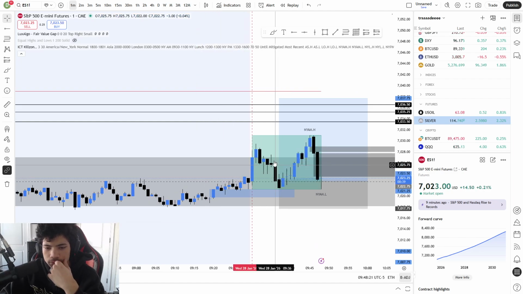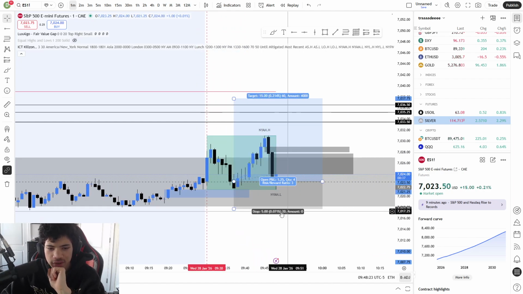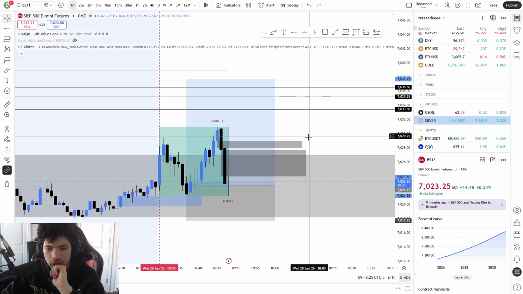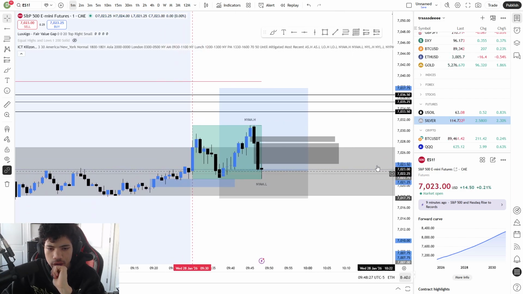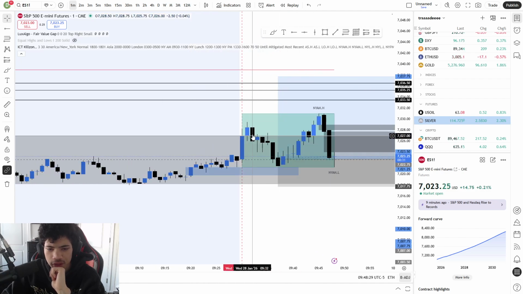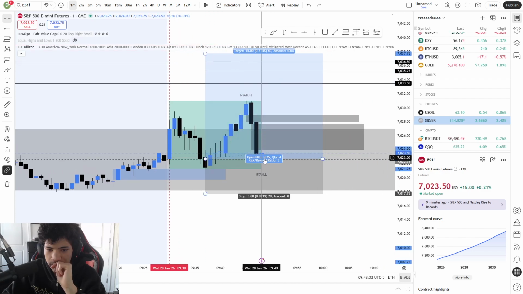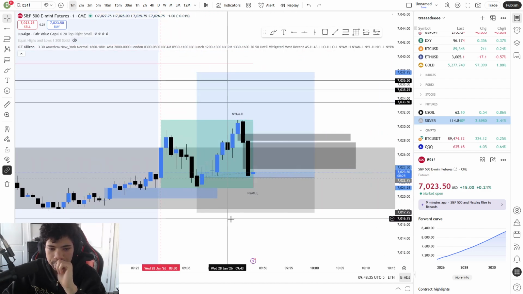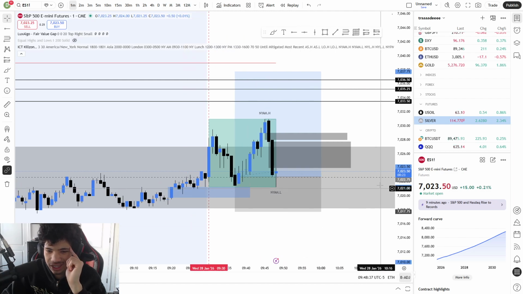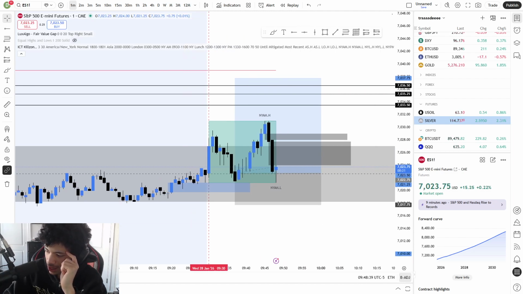But also, we did just get a significant break and retest again at the midpoint. So hopefully, if this retest was invalid, which is the one I entered on, this one might be a little bit better. But with these gaps here, I don't really like this position.